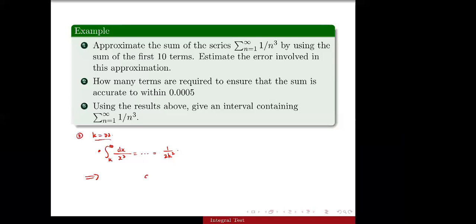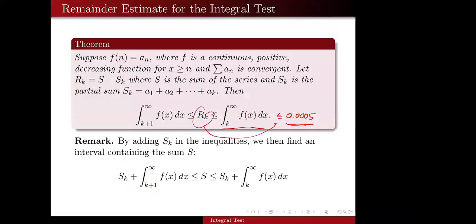So this means your S, the actual sum, the sum of 1 over n cubed from 1 up to plus infinity, will be greater than S sub 32 plus 1 over 2 times 33 squared, but it will be less than, actually there could be an equality according to this guy here.